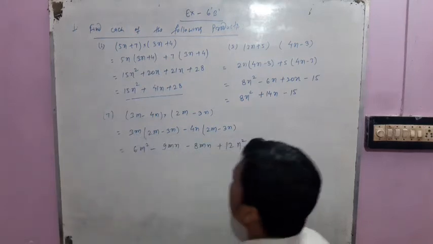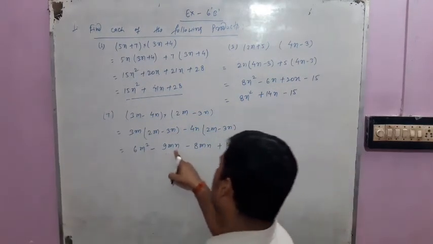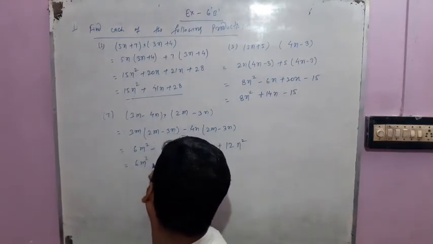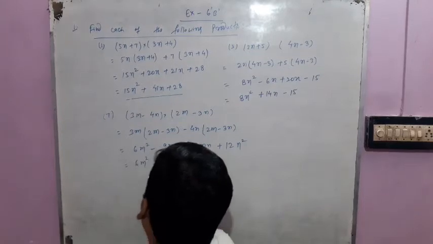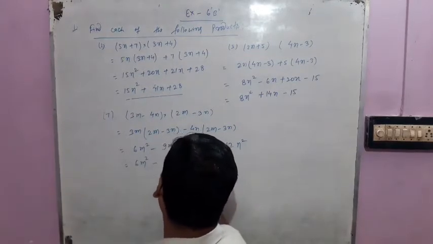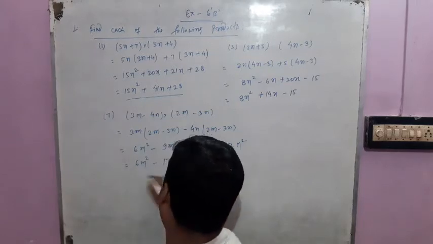Okay students, now both are negative and similar terms, so we have to add them. 6m square, and when we add them the sign is negative, 9 and 8 is 17mn, plus 12n square.